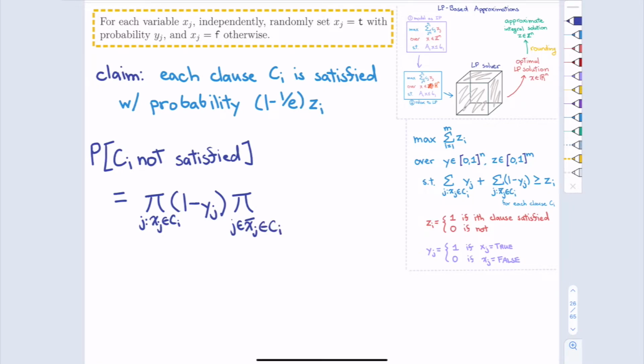And I guess we have different probabilities. Okay, it's yj. So this is the probability of all the coin tosses going against our favor for that clause. Obviously, this is a mess. So how can I clean it up analytically?